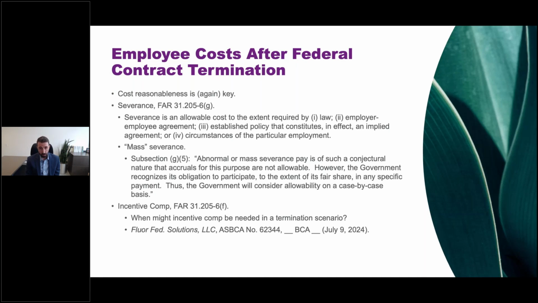If a contract is terminated and you no longer need the staff for it, and you don't have any other work that they can do, you may find yourself in the unfortunate situation of having to do reduction in force actions.